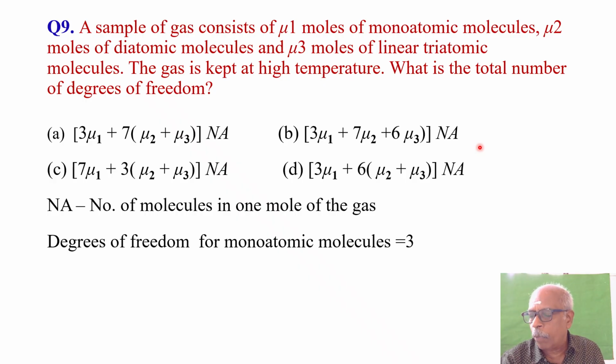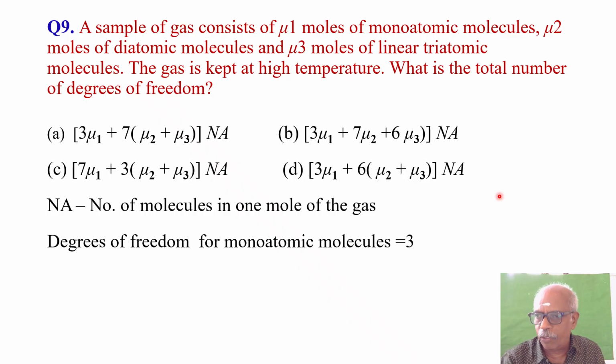If you multiply it by 3, that is the total number of degrees of freedom for monoatomic molecules. Similarly, you should find the total number of degrees of freedom for diatomic molecules, and for the linear triatomic molecules. The addition of all these things will give you the answer.